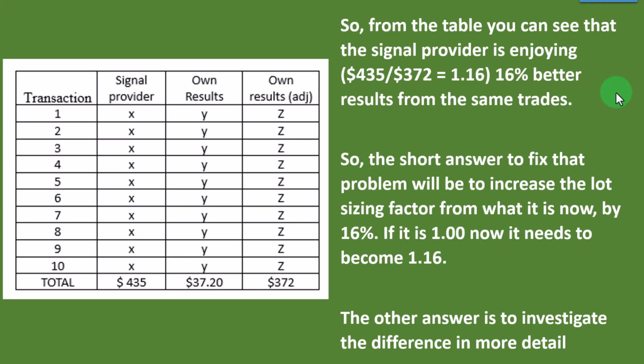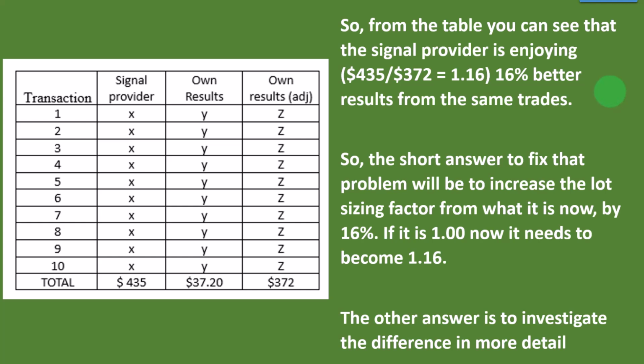Now, there are lots of reasons for this, but the short answer to fix that problem is to increase your lot sizing factor by 16%. So if it is 1 right now, all you do is increase it to 1.16, and then your results will align with your signal provider. That adjustment will cover things like slippage and other reasons why there is a misalignment between you and the signal provider.